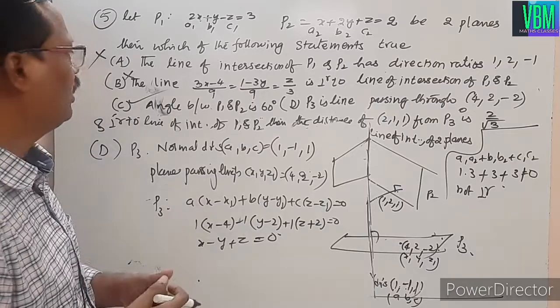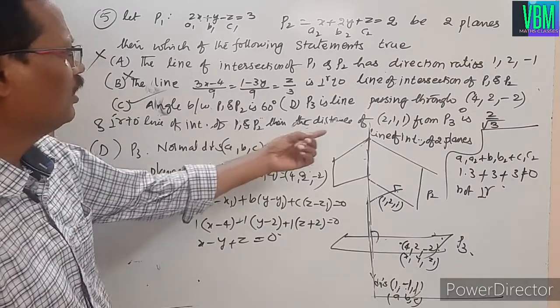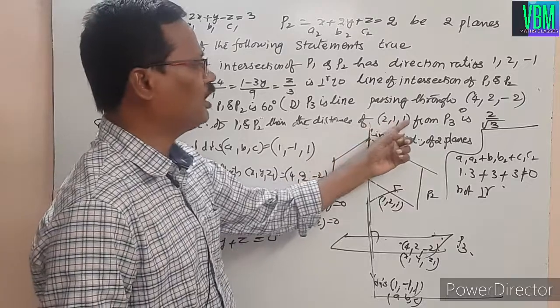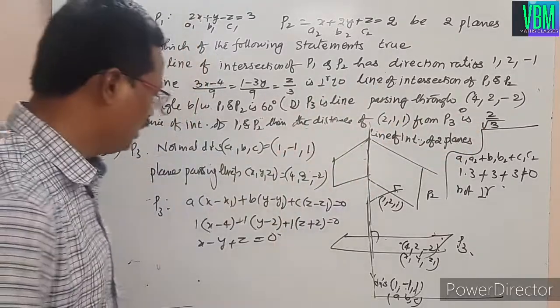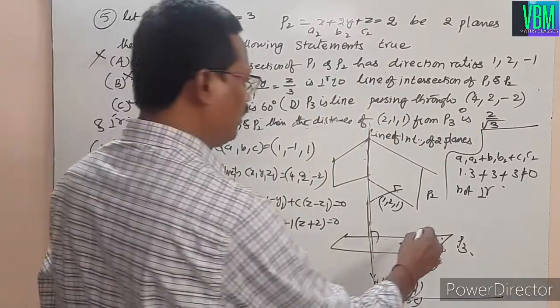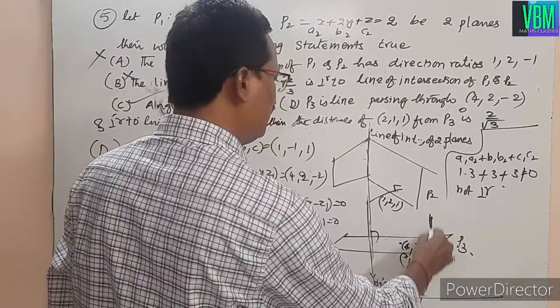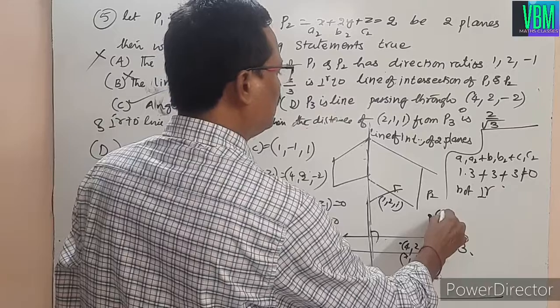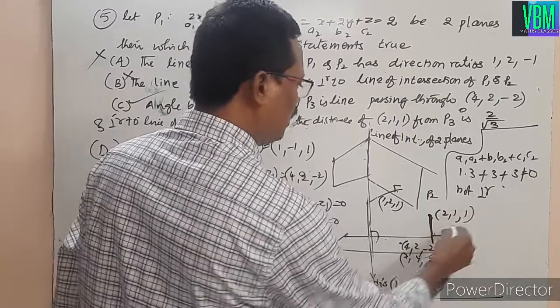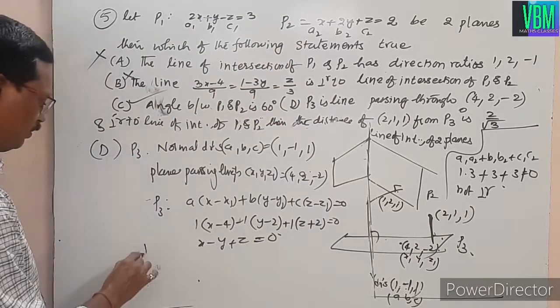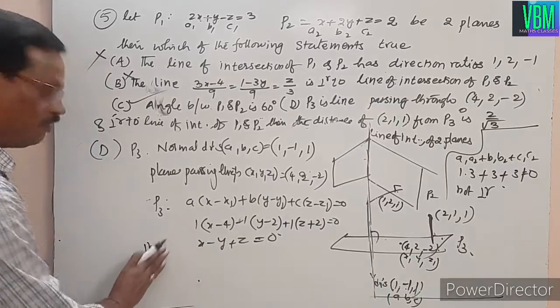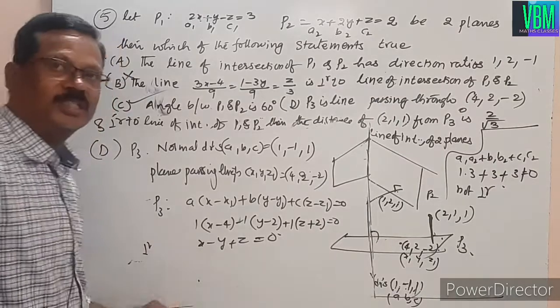And here what they are telling: the distance from 2, 1, 1 is 2 by root 3. What is the distance of this plane from the point 2, 1, 1? This is the perpendicular distance they are asking.